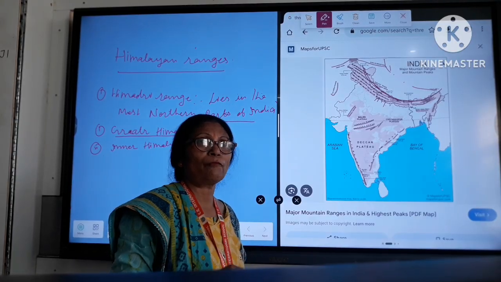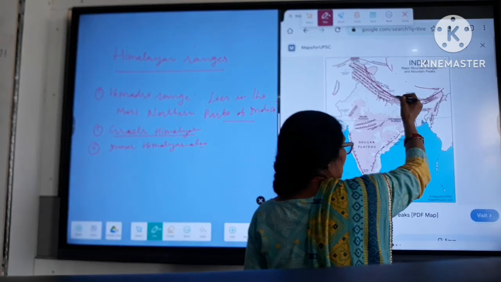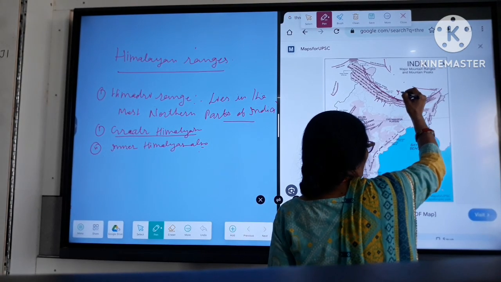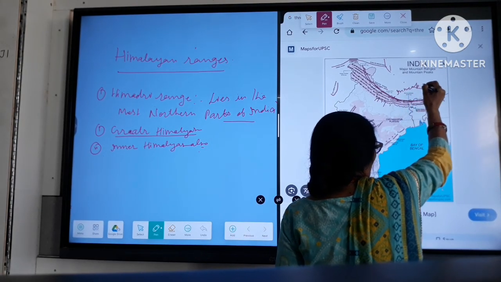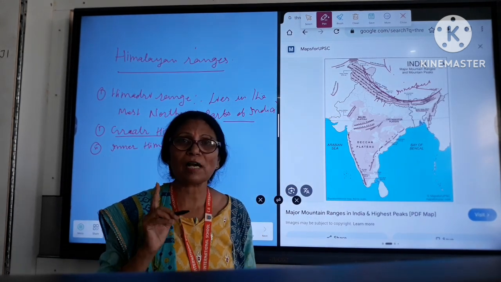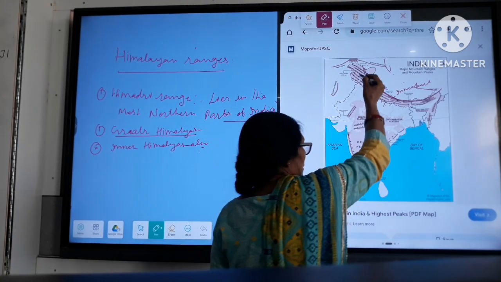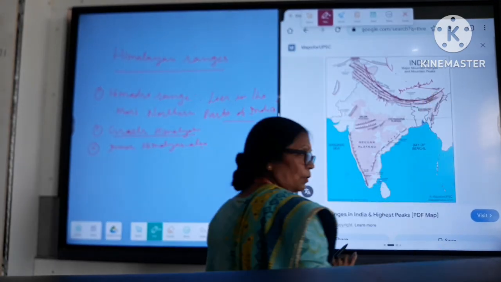But due to the formation, we can say that this is the inner part. When the mountains were formed, the first inner range was formed. That was the Himalayas.